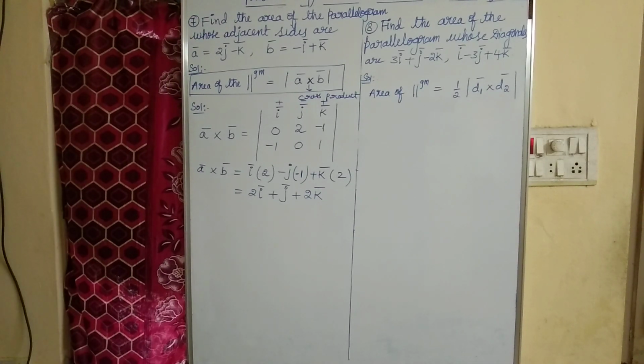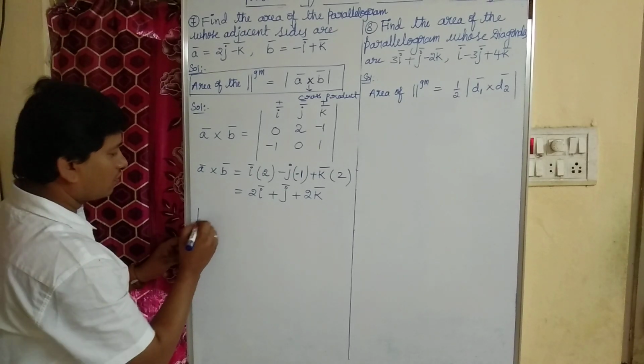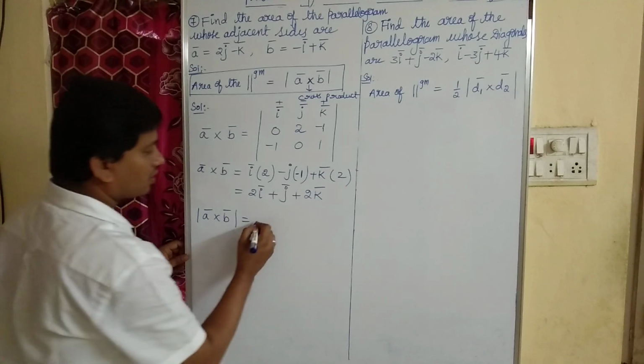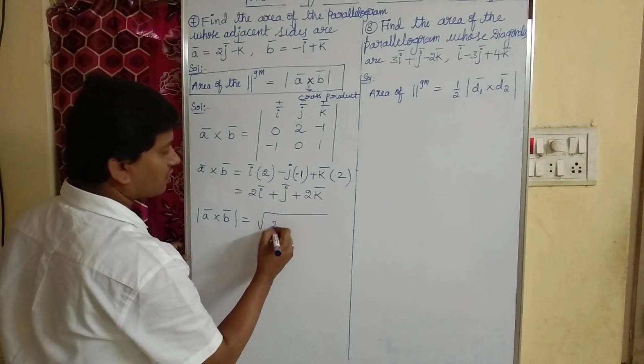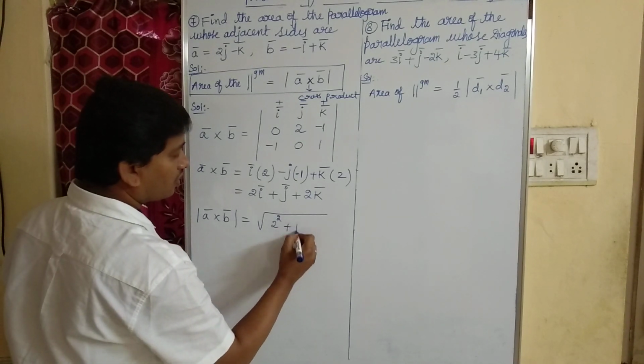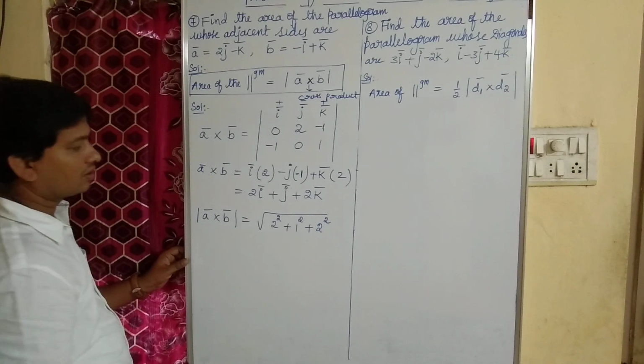Now what to do? We have to find its modulus, right? The modulus of a bar cross b bar is the square root of the square of the i coefficient 2 squared plus 1 squared plus 2 squared.